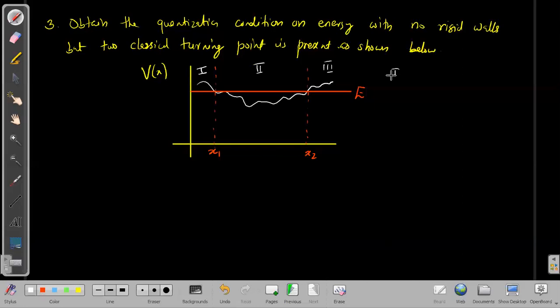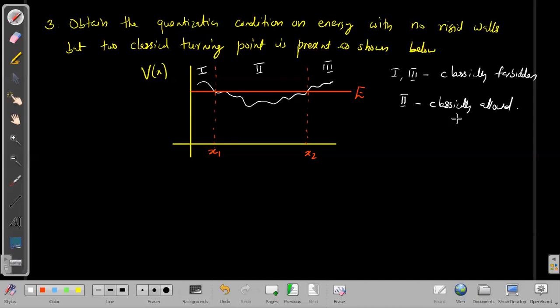So 1 and 3 are classically forbidden regions, and region 2 is the classically allowed region. Okay, now we already found how to connect the WKB wave function from 1, 2 and 3, and that can be done using the connection formula.